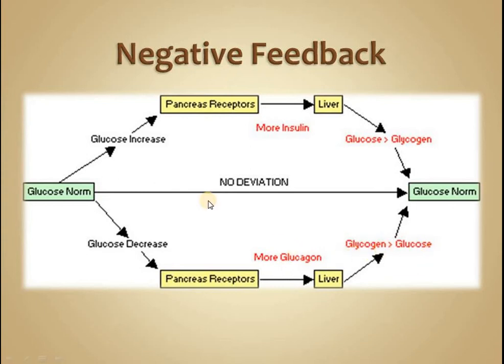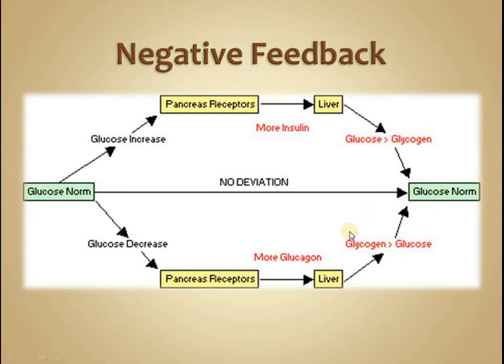So here the stimulus was increased glucose level, while the body is working against it by decreasing the glucose concentration by converting it into glycogen. On the other hand, when the glucose level is going down, the body is working against it by increasing the amount of glucose to bring it back to normal.